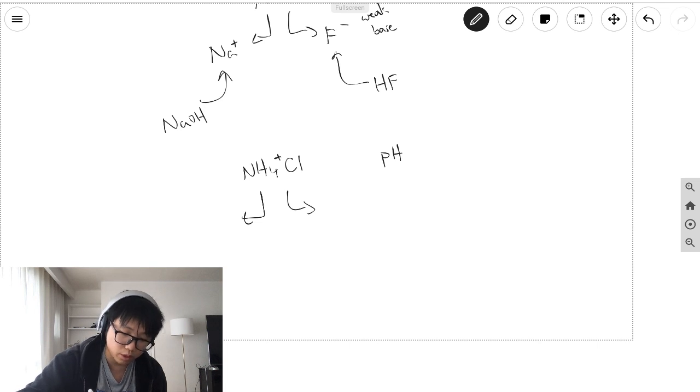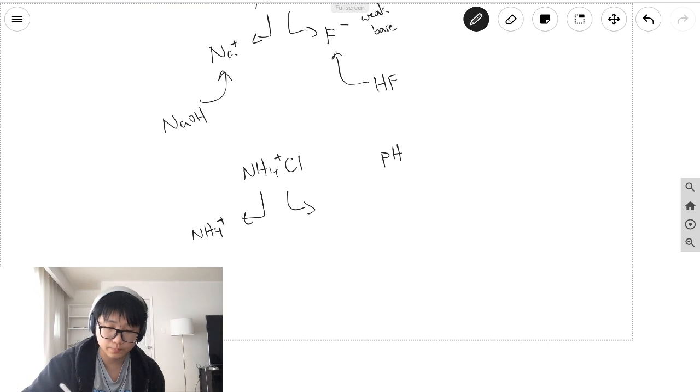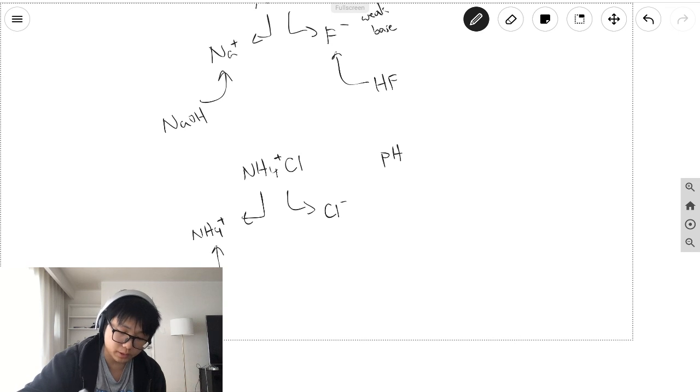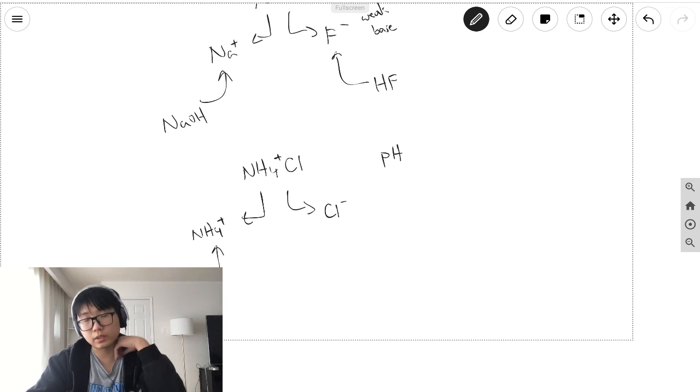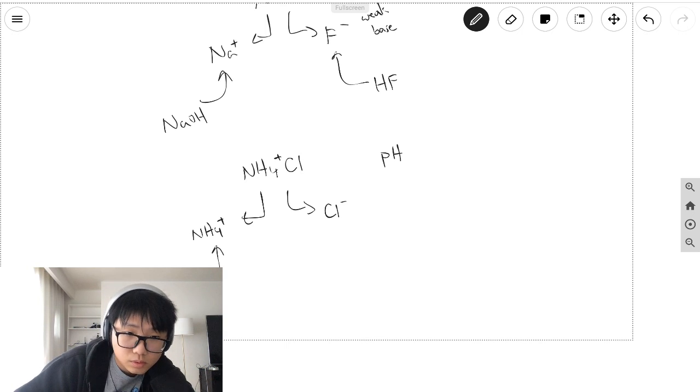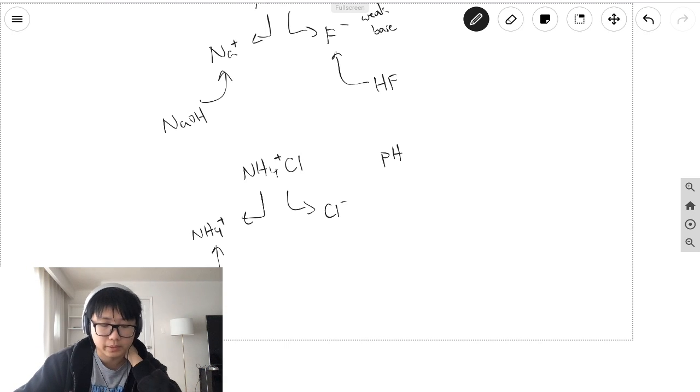If you throw this into water, it's going to break apart into NH4 plus and Cl minus. The NH4 plus came from who? So who's the conjugate of NH4 plus? Since that's an acid, basically I'm asking you, what's the conjugate base of NH4 plus?